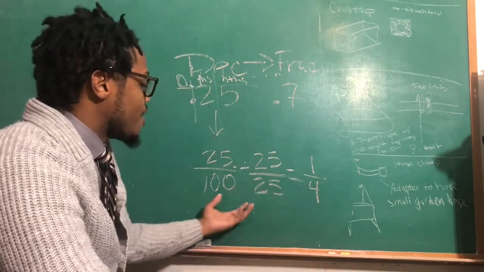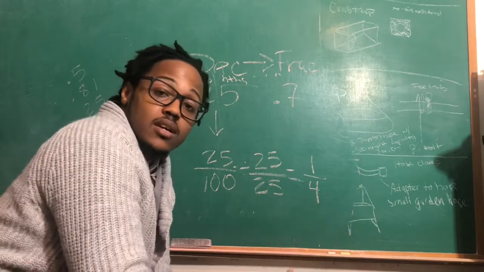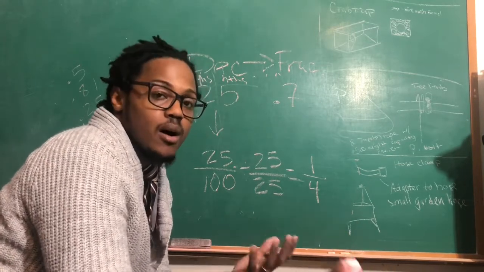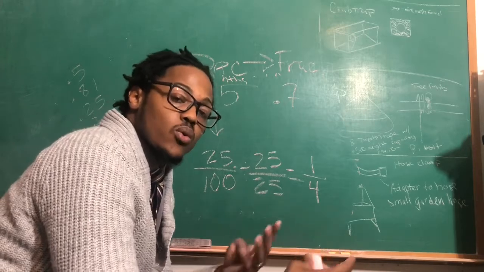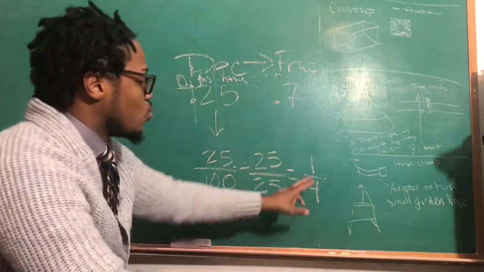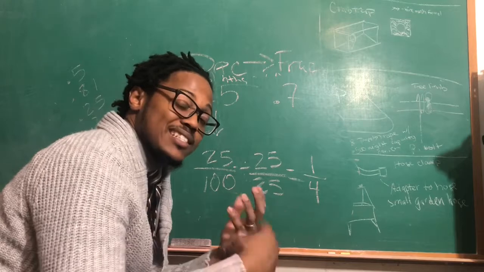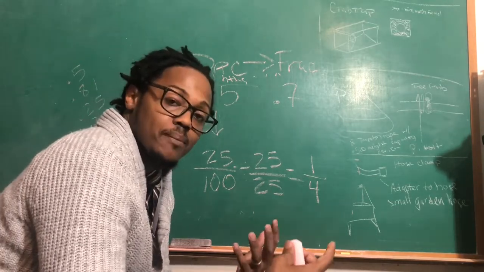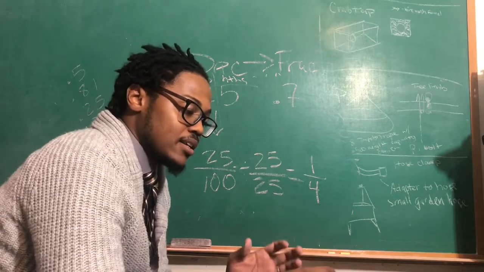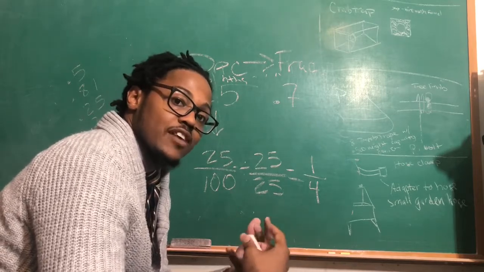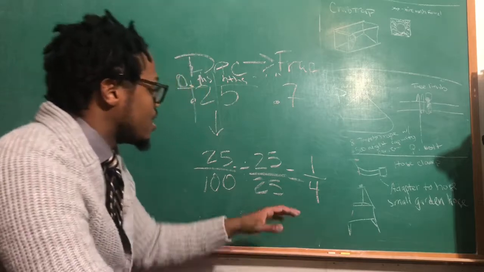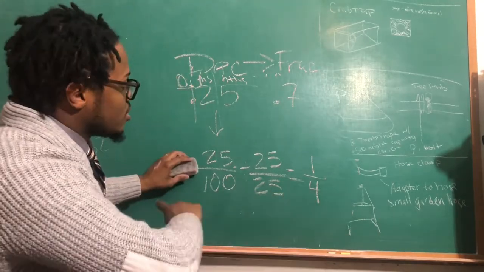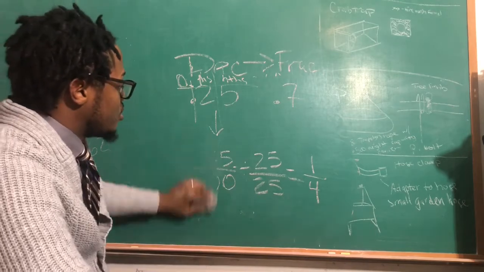I know 25 and 100 are divisible because they have to do with money, right? 1 quarter, 2 quarters, 3 quarters, 4 quarters. Oh, okay, 1/4. There's 4 quarters in a dollar. 25 is 1/4 of a dollar. So I could see that there, and some people can do it with more complex numbers. But the reality is, what I did was I tried to find the greatest common factor and then get that here. You can do it in multiple steps, or you can do it in one step just like that if you know the math, okay?